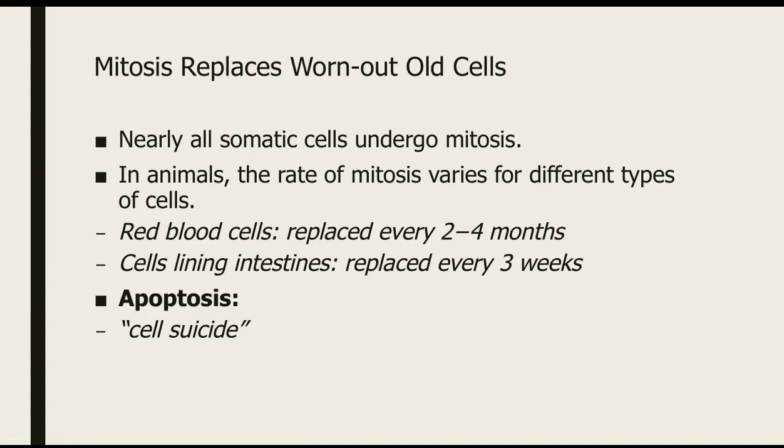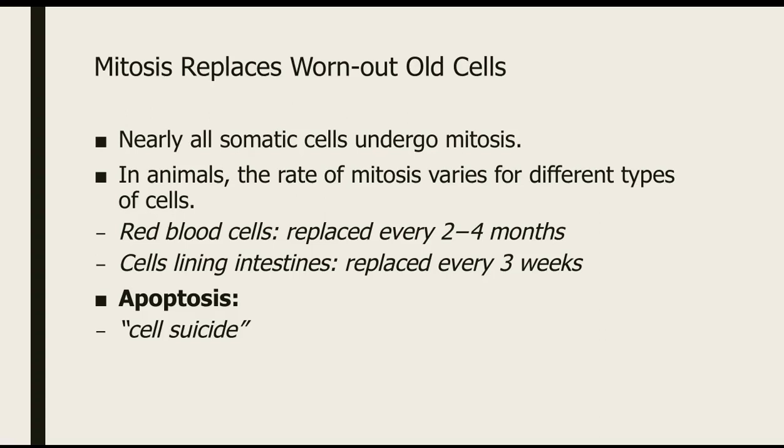So almost every single somatic cell, and remember the definition, somatic cells are your body cells. They're everything except your eggs and sperm. Almost every somatic cell undergoes mitosis. And this happens at different rates. So red blood cells, you're going to get new red blood cells every 2 to 4 months.